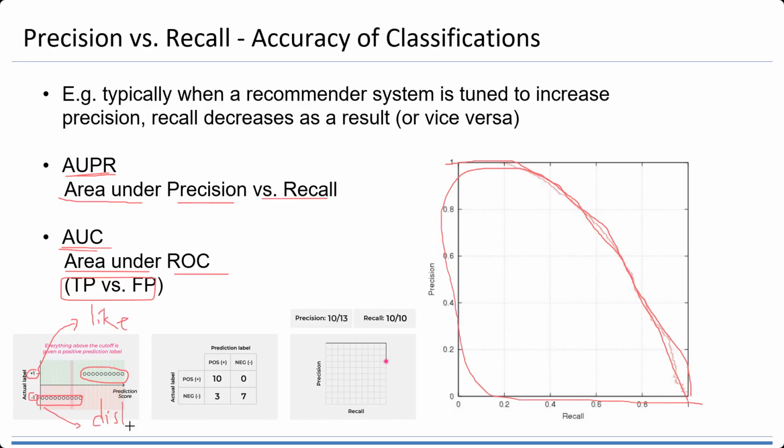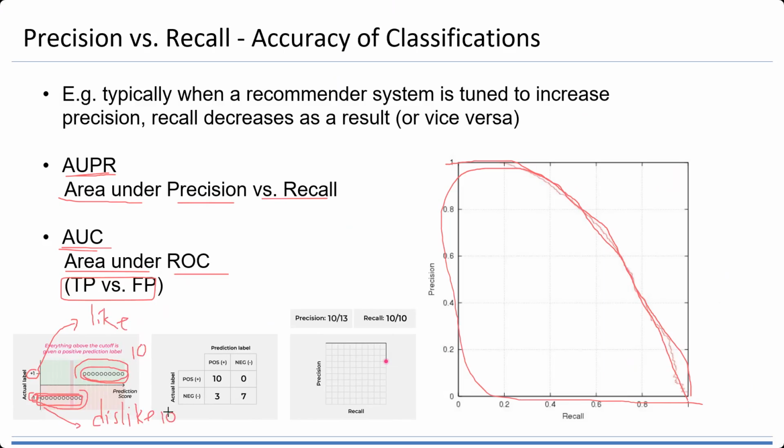So the number of users who like the item is 10, and the number of users who dislike the item is 10. And I want to predict.